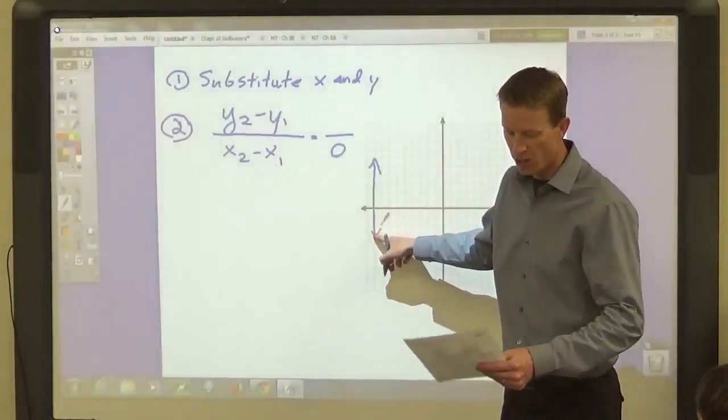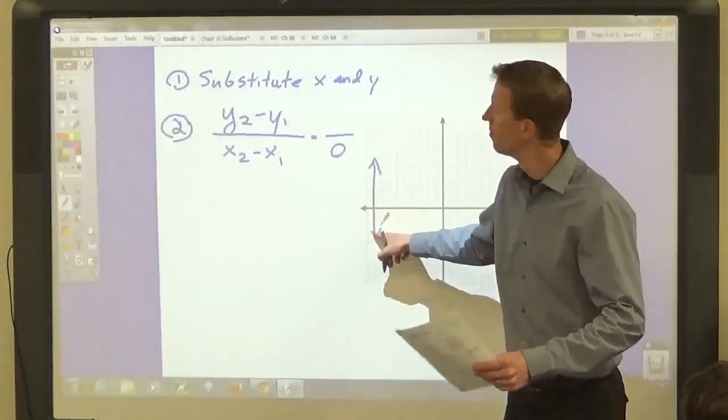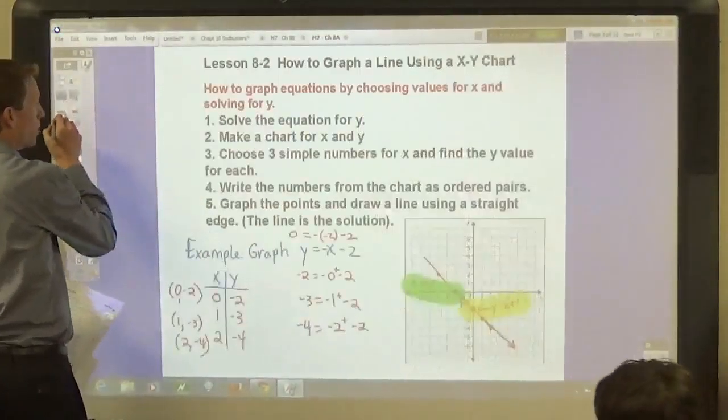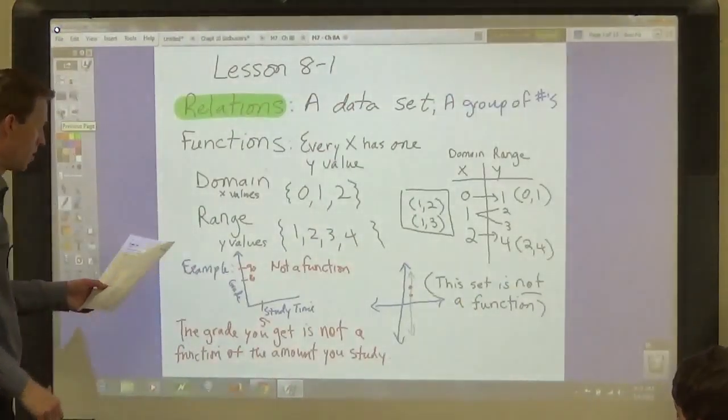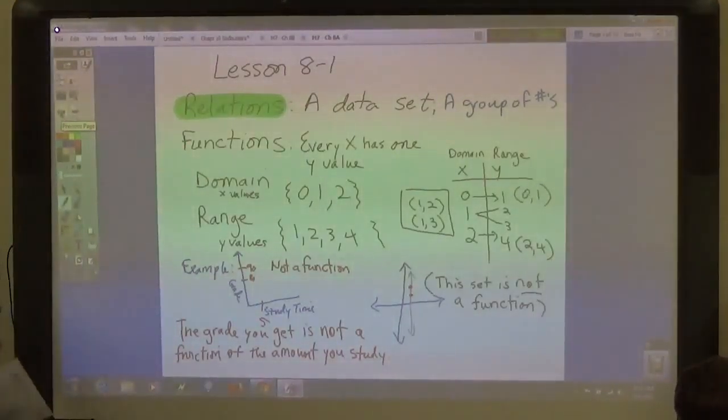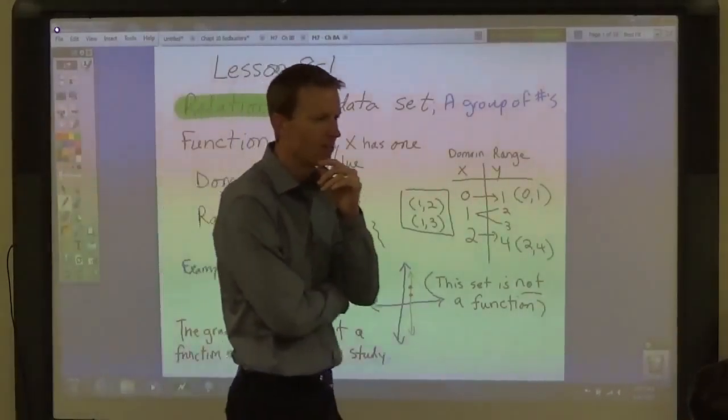Right? Sure. Number 3, which is a function. It's the first concept we talked about. Which of the following relations is a function? How do you know if the relation is a function? Henry.